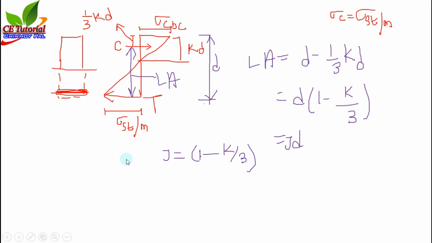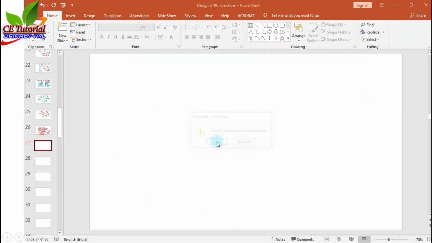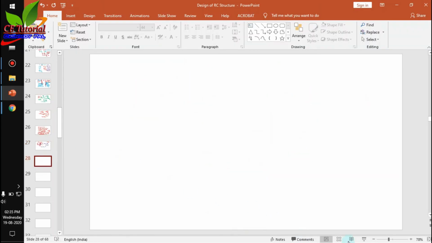So now, all the total section, this is clear to you, all the parameters and formulas you know. Let me draw this section again.